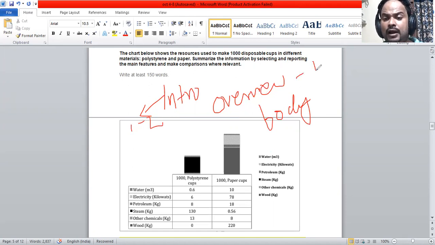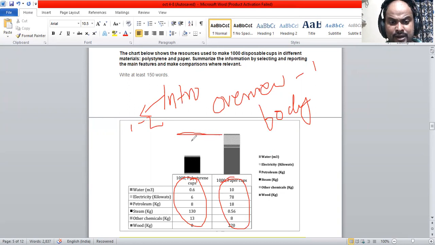Overview. I think we have to say one particular sentence. We can say this particular process is much more economical than this particular process. The amount of resources needed for making 1,000 paper cups is much higher than the amount for making polystyrene cups.